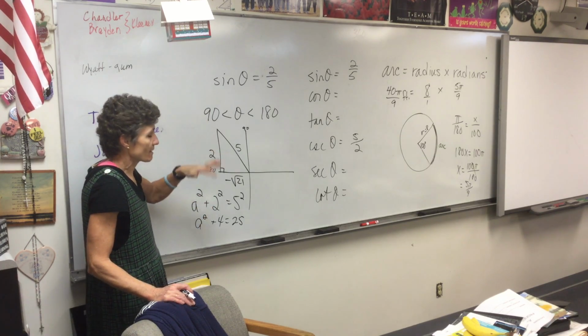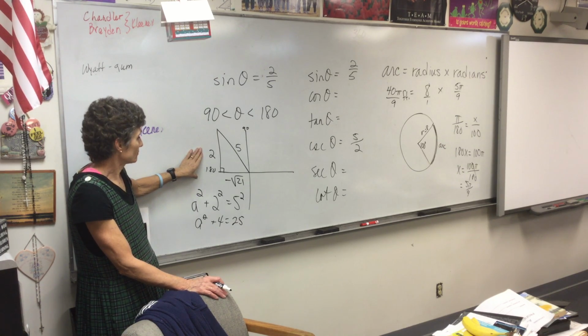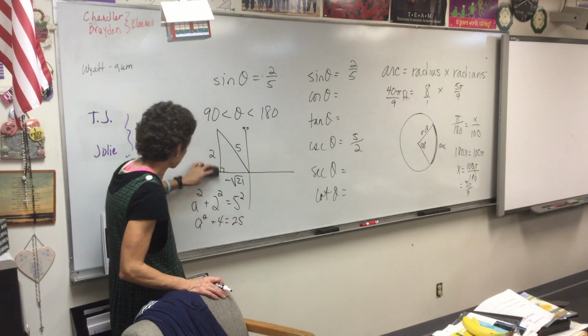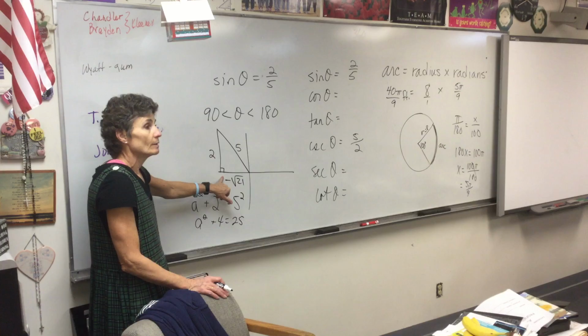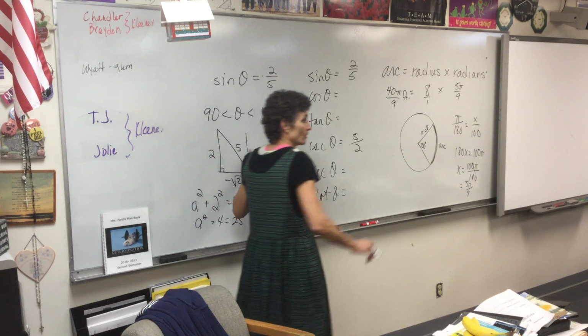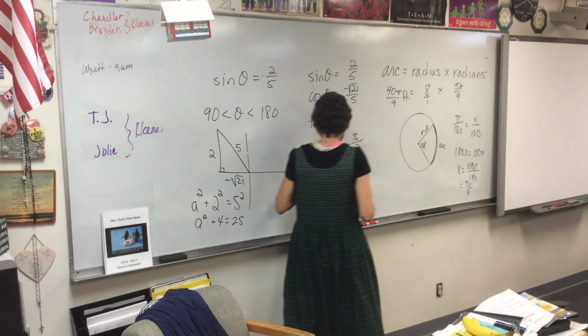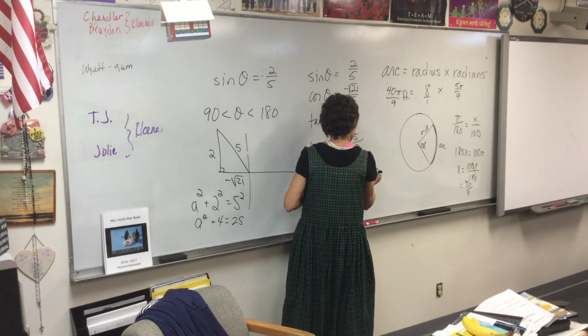Now, what about the rest of it? Well, what's the cosine? Here's your picture. What's the cosine? Negative root 21 over 5, which means the secant is negative 5 over root 21.